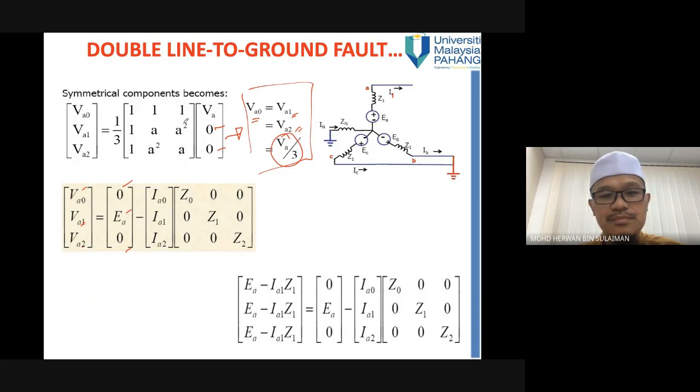They are all the same, and it is VA over 3. So basically we can substitute here, because VA0, VA1, VA2 are equal.